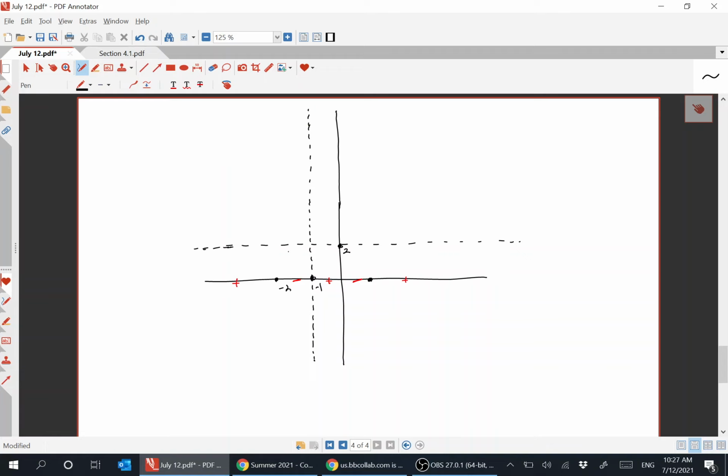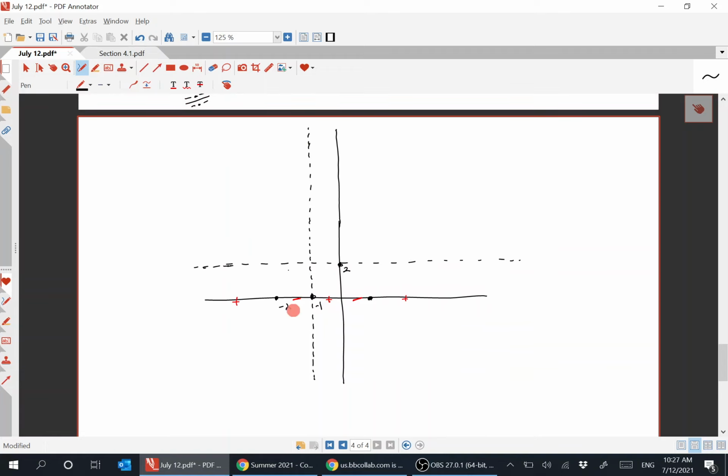Okay, so positive and negative, and x intersect here. So it's looking like that. Right, and then, aside from this positive and negative behavior, we're smooth and unbroken.